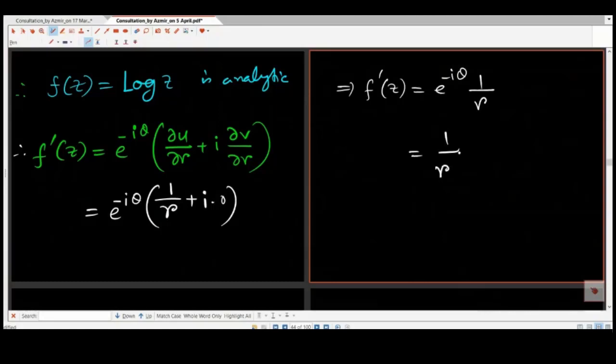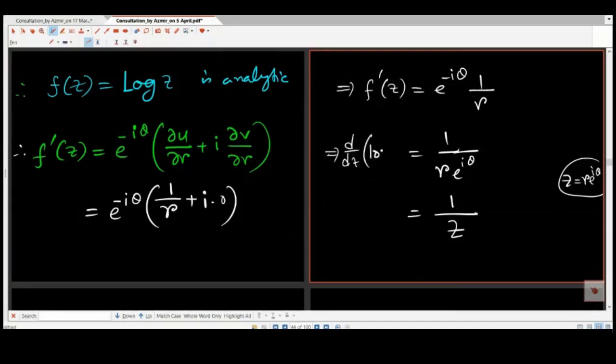So this is written as e to the i theta in the denominator, because we can make it in reciprocal form. Now we know that z equals r e to the i theta. So r e to the i theta can be written as this. So f prime of z, that means d/dz of log z, is 1 over z.